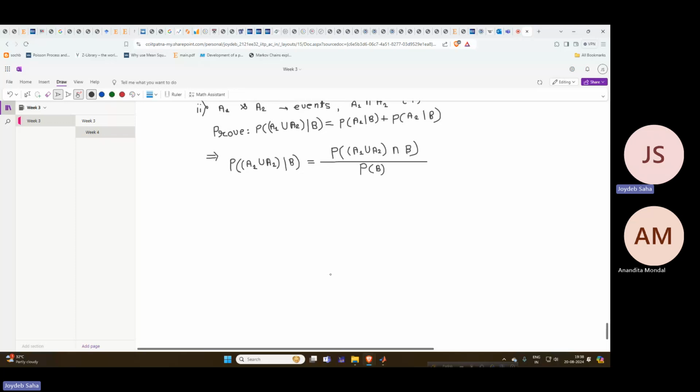Now what we can do? So let us calculate this first. Probability of A1 union A2 intersection B, can we write it like that?